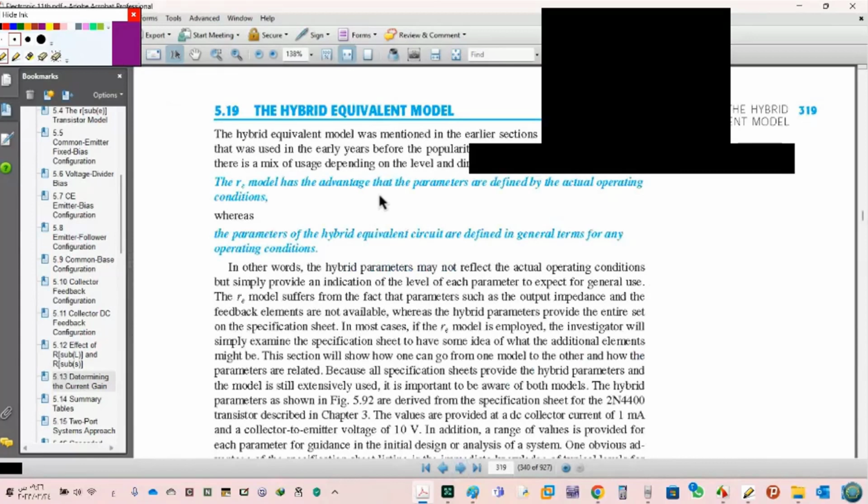Next week, inshallah, we start with 5.19, hybrid equivalent model. Next week, we have an online quiz at 9 on UBIS, for everything that I gave you until this lecture.